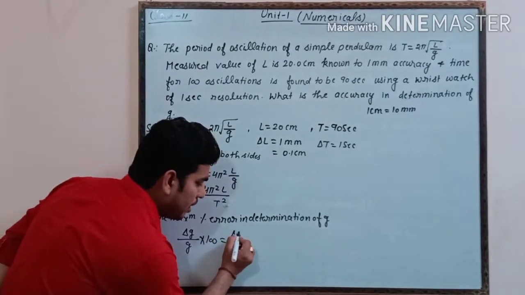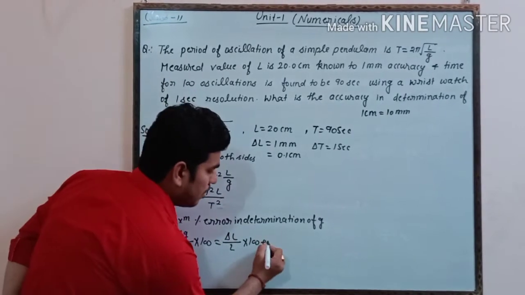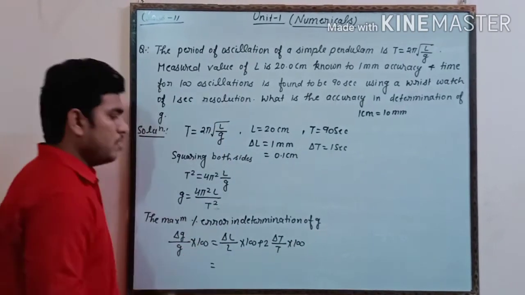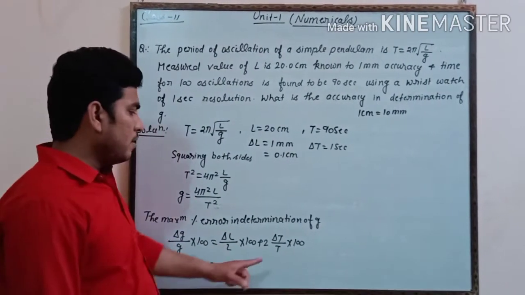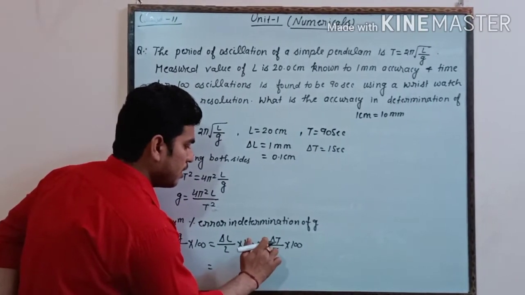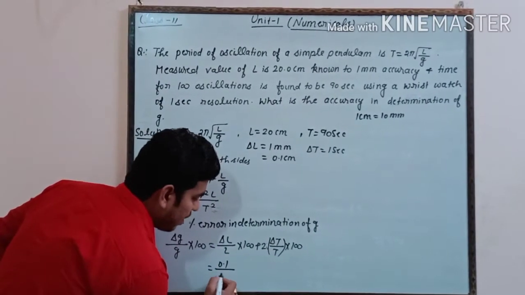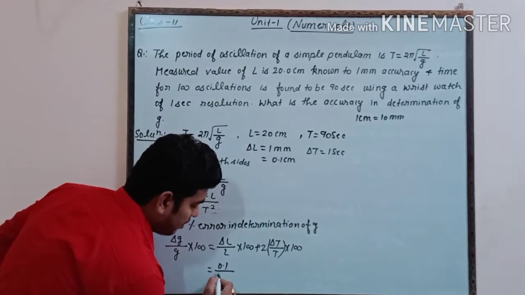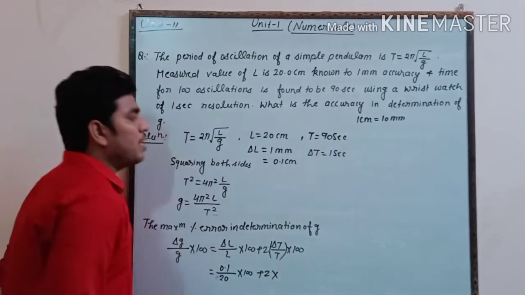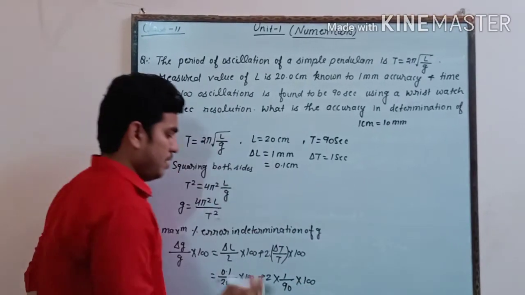Okay, so it will be delta L upon L into 100 plus the power twice of delta T upon T into 100. Just put the values of T, delta T, L and delta L. Delta L 0.1, L 20 into 100 plus twice into delta T 1 and T 90 into 100.